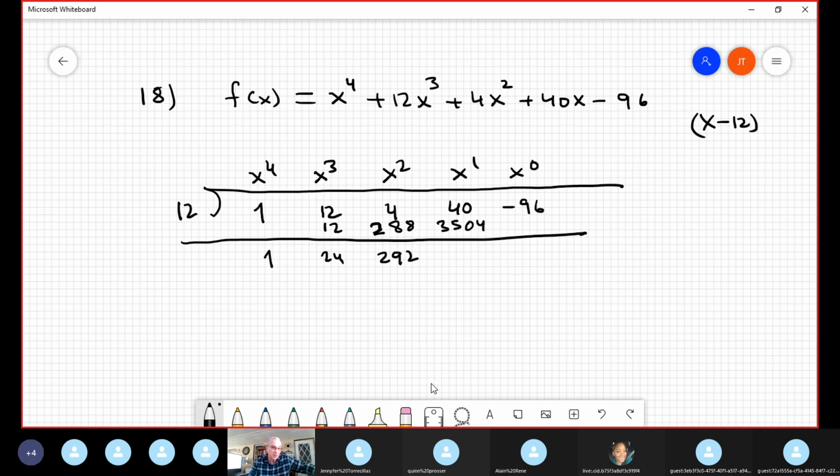When you add this number, 3,544. Wow, when you multiply this and this, a huge number, 42,528. Subtracting, 42,432. Remember, no zero. The answer is no. This factor doesn't belong to this polynomial.